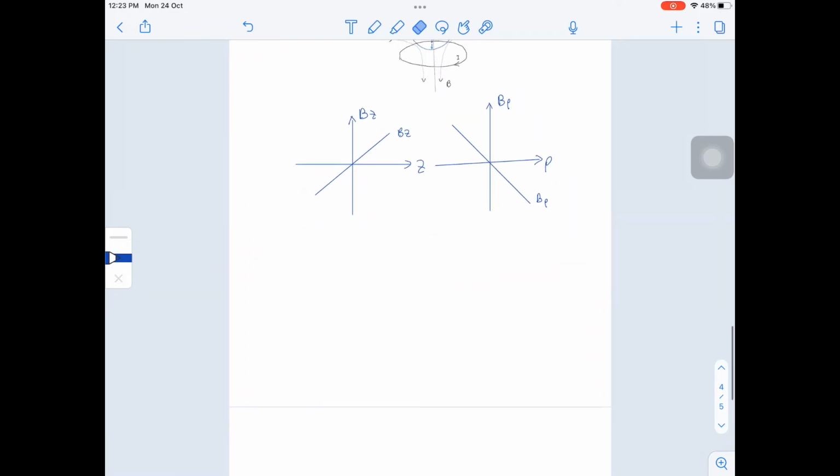Okay, for the axis, let's first talk about this one.